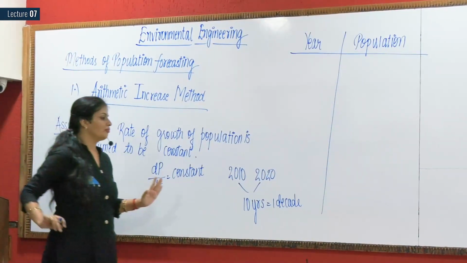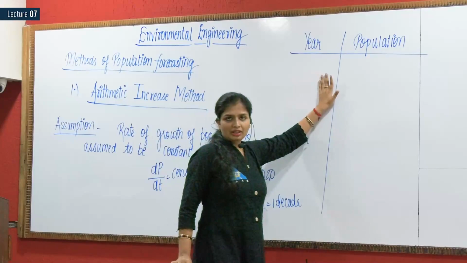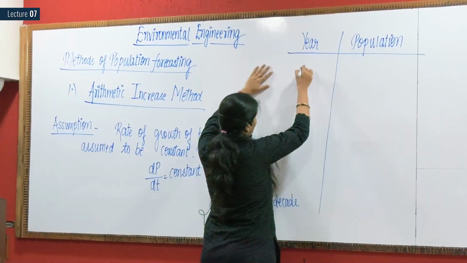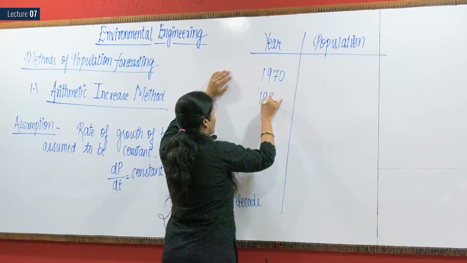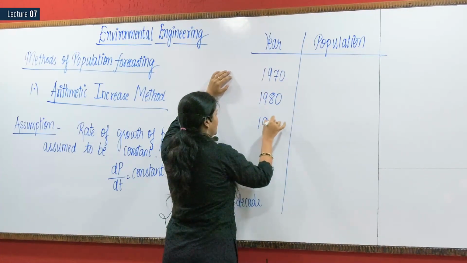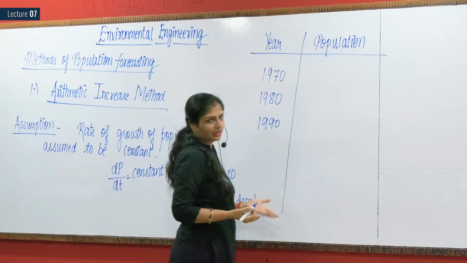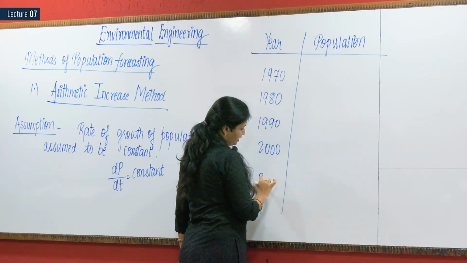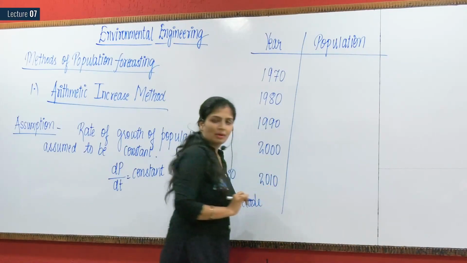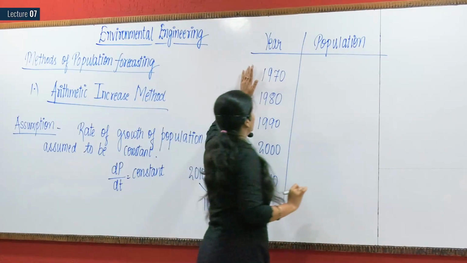Getting it? Now, moving on, let us suppose we have been given the data of 1970, 1980, 1990. After every 10 years we get the data, as I told you just now. 2000, 2010. Fine. Now, what is the population in 1970?